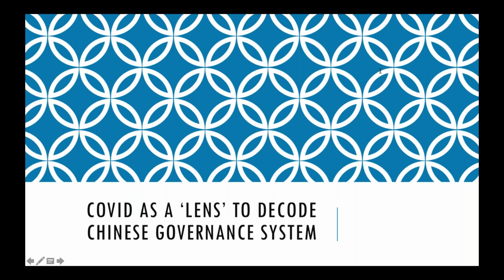So here, by looking at the COVID-19, I am going to try to share with you a few of the insights that I could gather after observing China's response to meet the challenge, so to say.